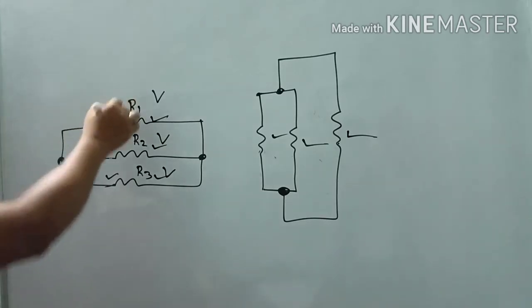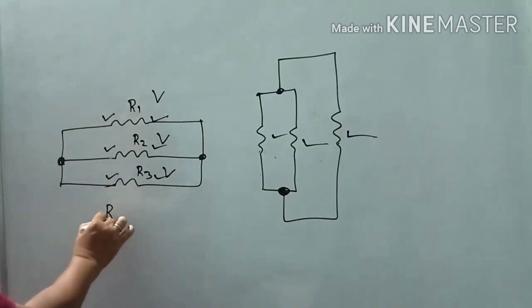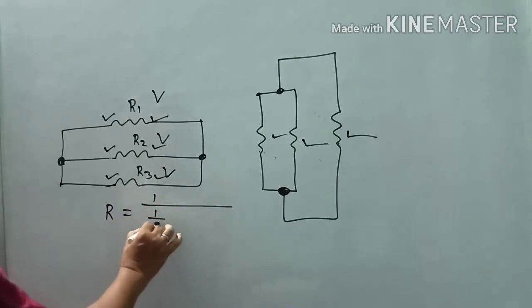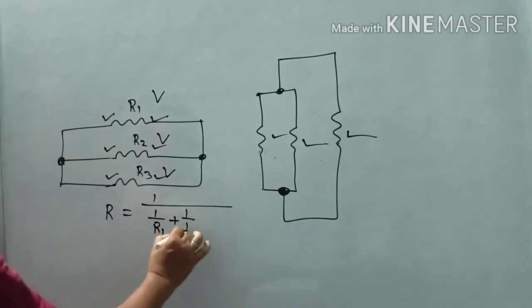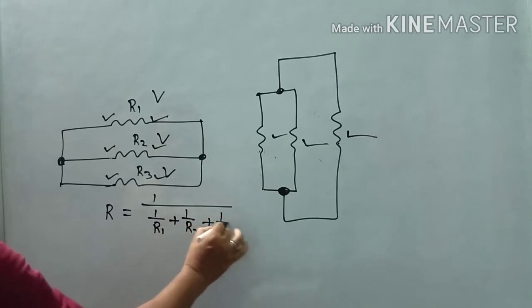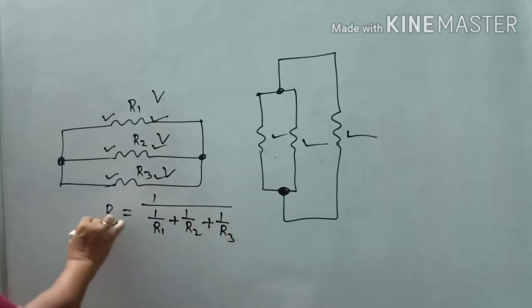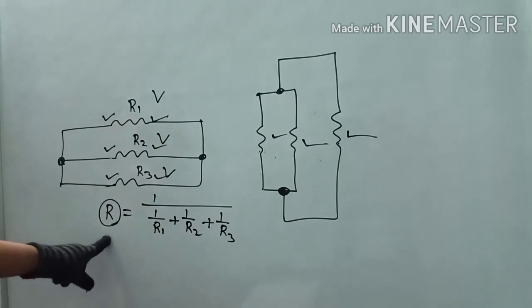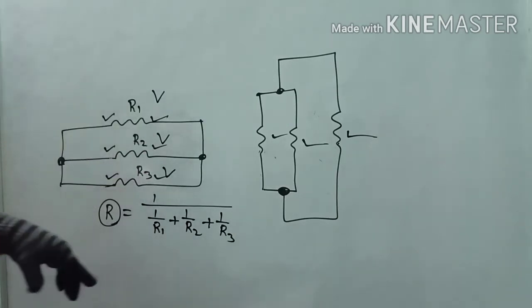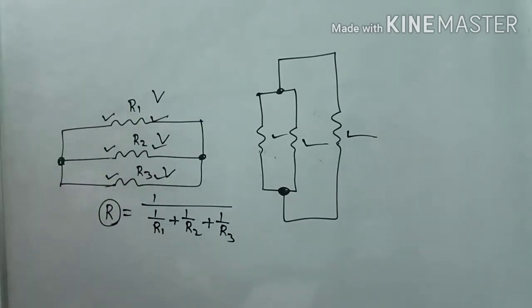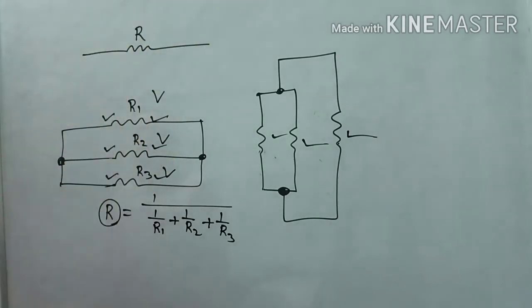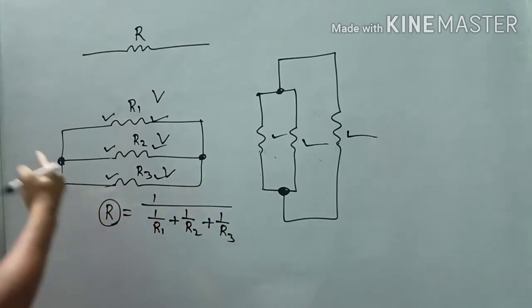So in parallel combination, what is equivalent resistance? That is 1 by R is equal to 1 by R1 plus 1 by R2 plus 1 by R3. So this R is the equivalent resistance or effective resistance or net resistance of the circuit. I mean, in place of these three, you can put only one resistance R, whose value is this one.